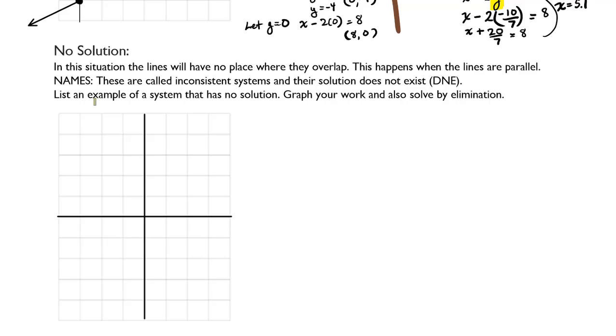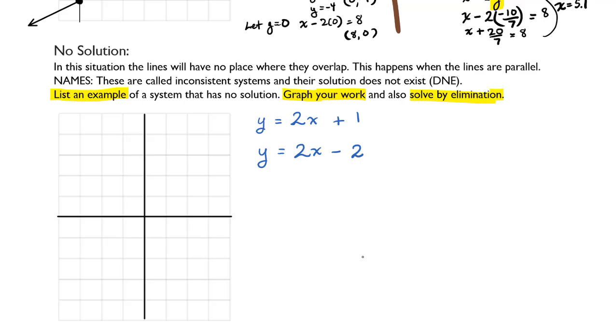List an example of a system that has no solution. That's the first thing we need to do, is list an example, then graph the work that you do, and finally solve by elimination. Now, the first thing we could do is just write two equations in slope-intercept form. y equals 2x plus 1 and y equals 2x minus 2.